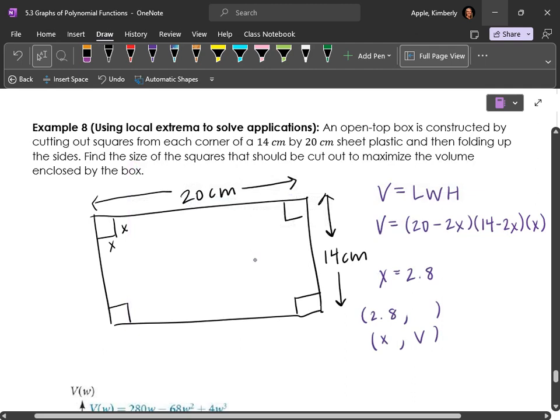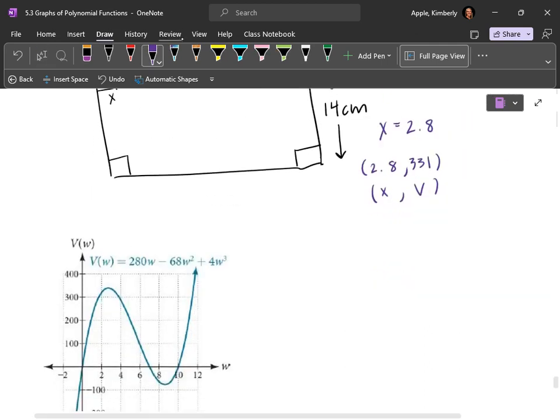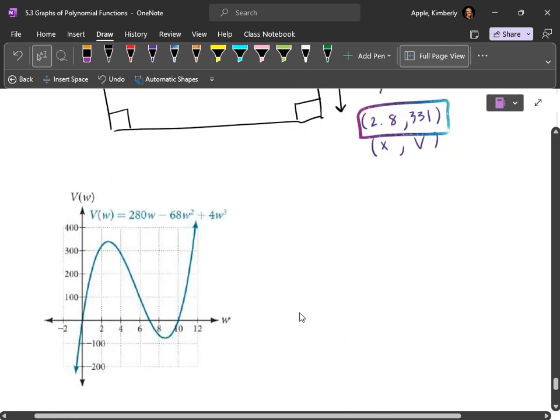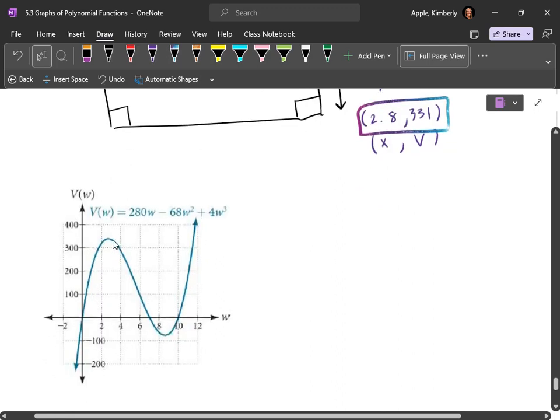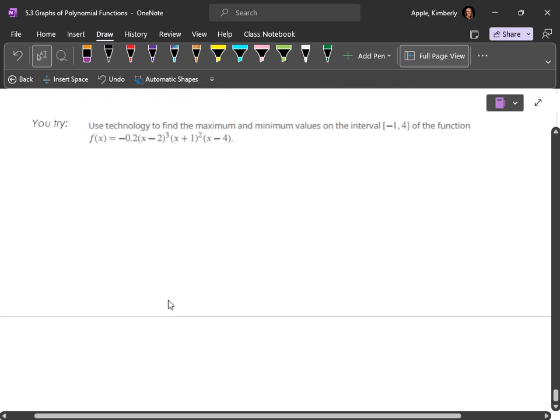So it's going to be about 331 cubic centimeters. But that x value will be 2.8, and that's going to be my maximum that's going to give me the largest volume, this right here. Okay. And you can see it represented here on the graph. It's the local maximum.